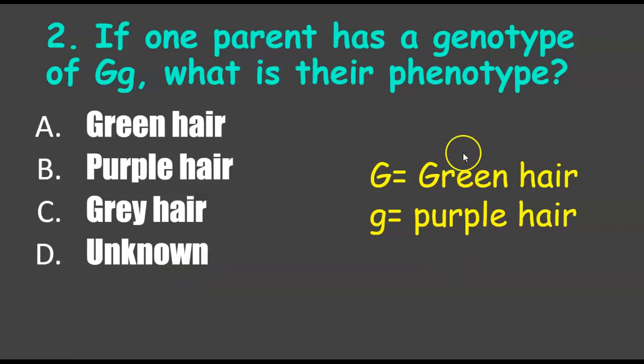Because I've got these two colors, no other color can happen, so I know gray's out. Unknown is out because I have the genotypes, so I'm able to figure out the phenotype based on the genotype. Because I have a dominant G, it's going to take over and be expressed. In this case, we're going to have the green hair.